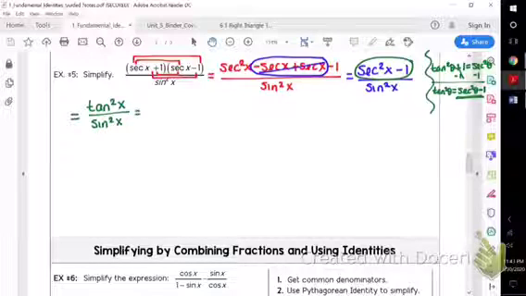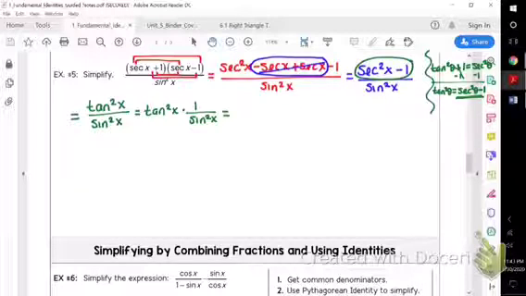Now, guys, remember we talked about before, there are different routes to take here, okay? So I'm just going to use what we've talked about in this lesson. I see that I have two trig functions over each other, and it's not a reciprocal identity or the quotient identities. So what I'm going to do is decompose these. This is the same thing as saying tangent squared of x times 1 over sine squared of x.